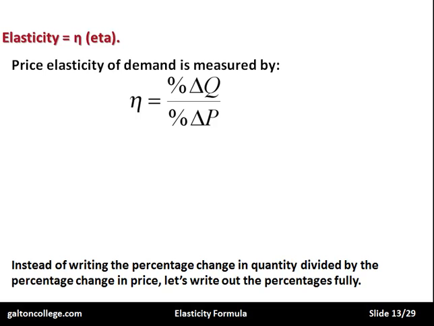Now instead of writing the percentage change in quantity divided by the percentage change in price, let's write out the percentages fully. How we would work out a percentage, of course, is we take the change in quantity divided by the quantity multiplied by 100, divided by the change in price divided by the price multiplied by 100.